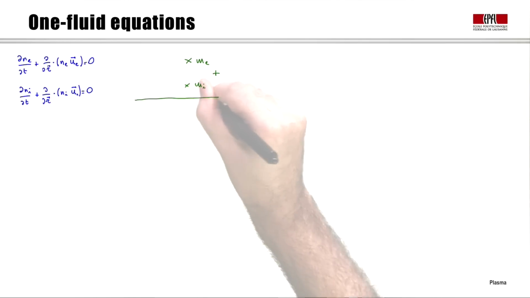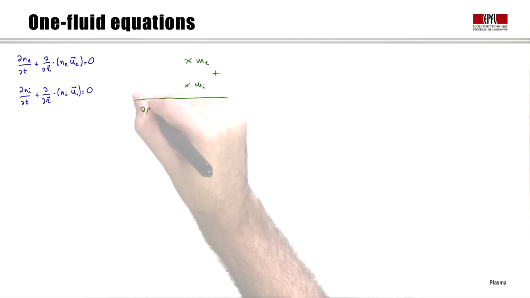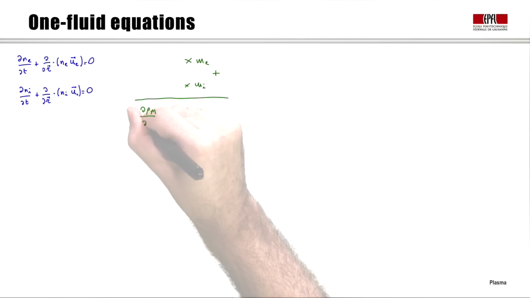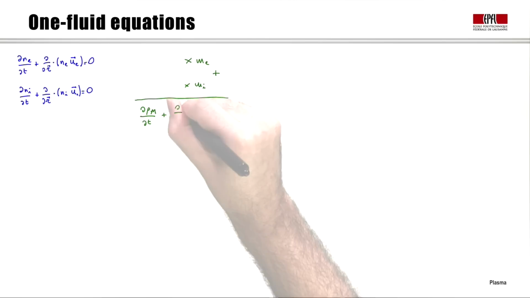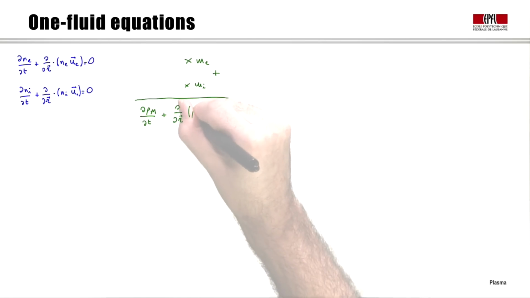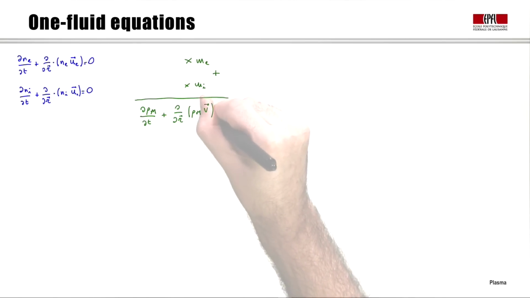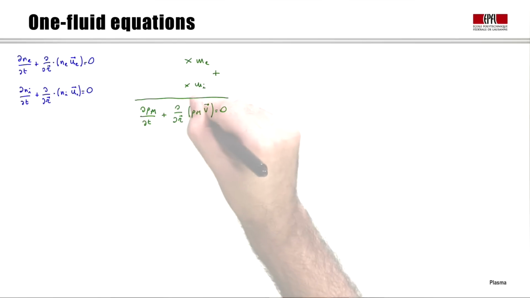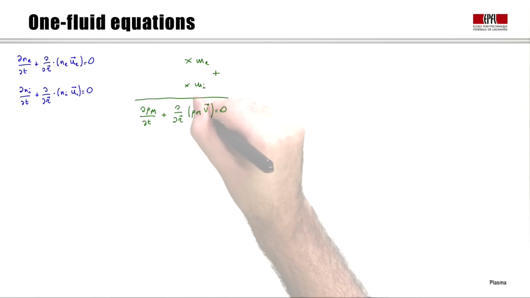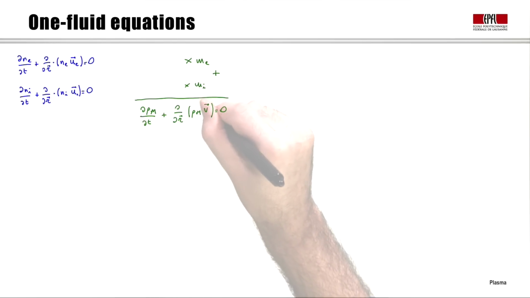Sum up these two equations, and if we do the calculation, what we obtain is an equation for the mass density, where V is the center of mass velocity.